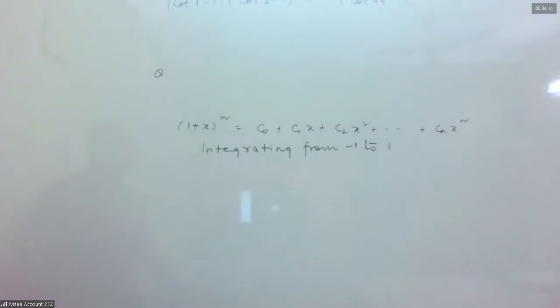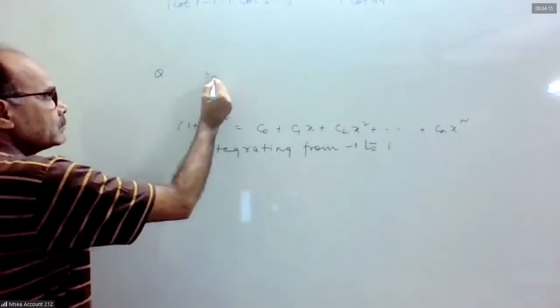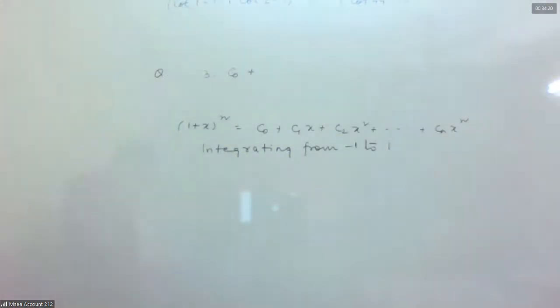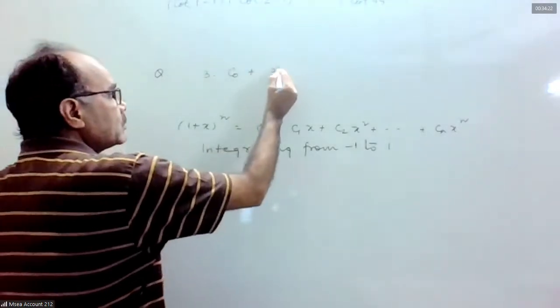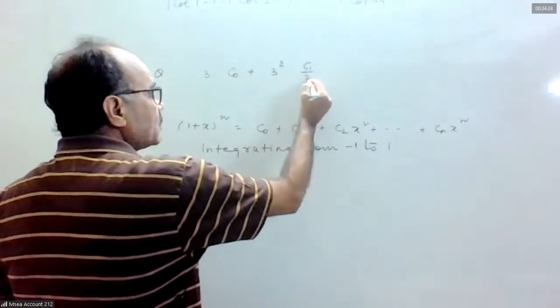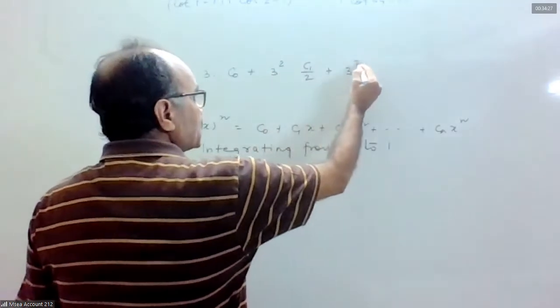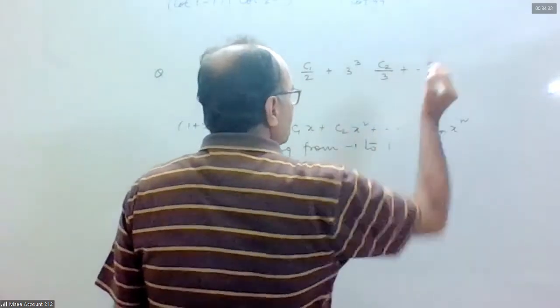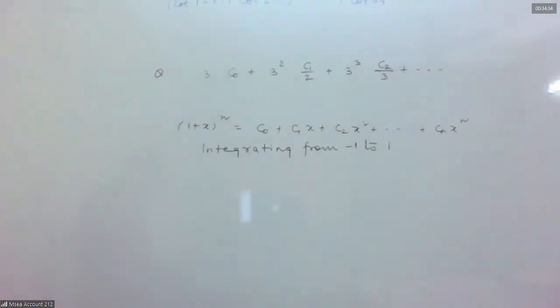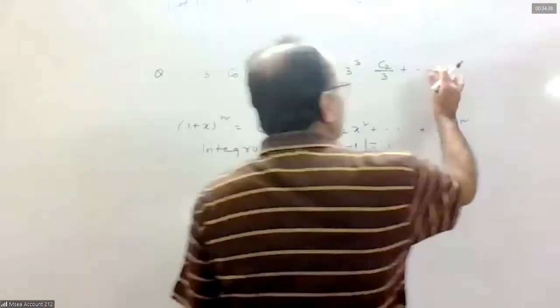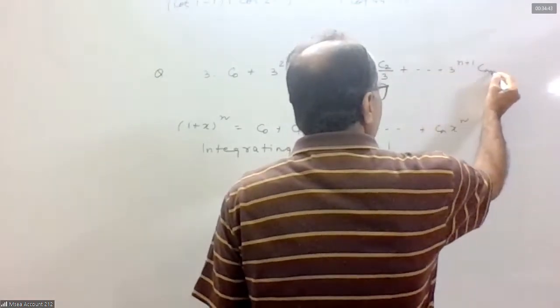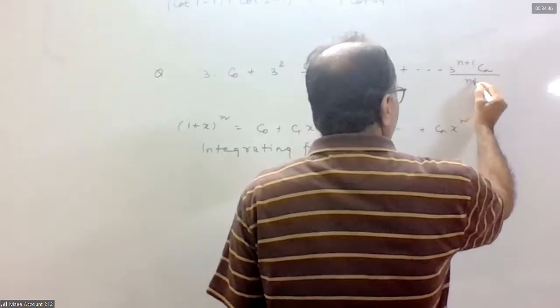Next, 3 into C0 plus 3 square into C1 by 2 plus 3 cube into C2 by 3 plus ... 3 to the power n plus 1 Cn by n plus 1.